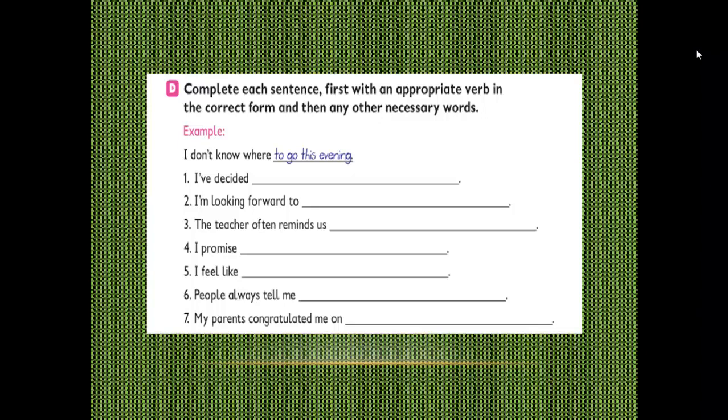And then we have a lot of sentences like I've decided, I'm looking forward to, the teacher often reminds us, I promise, I feel like, people always tell me, and finally my parents congratulated me on. So here we have the beginning of some sentences, and we want to make meaningful sentences.